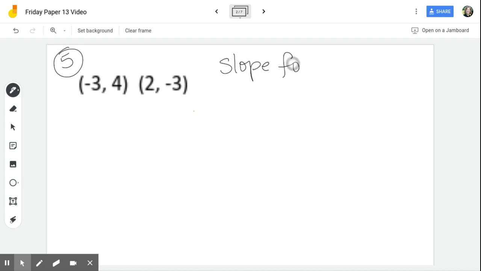Okay, and the slope formula says y sub 2 minus y sub 1 divided by x sub 2 minus x sub 1 is equal to m, which is the slope.